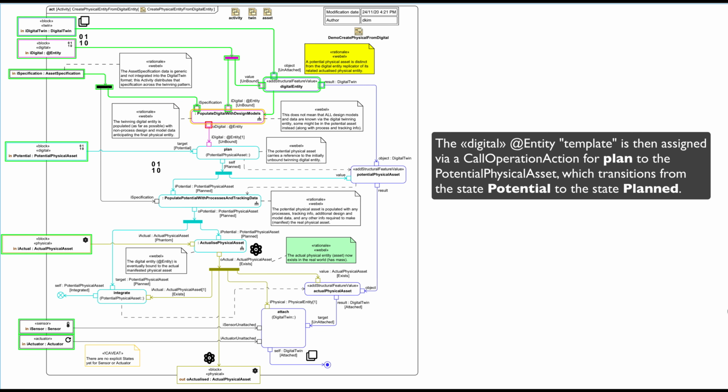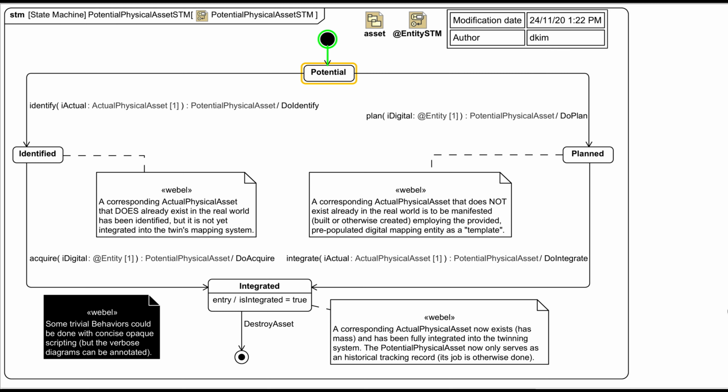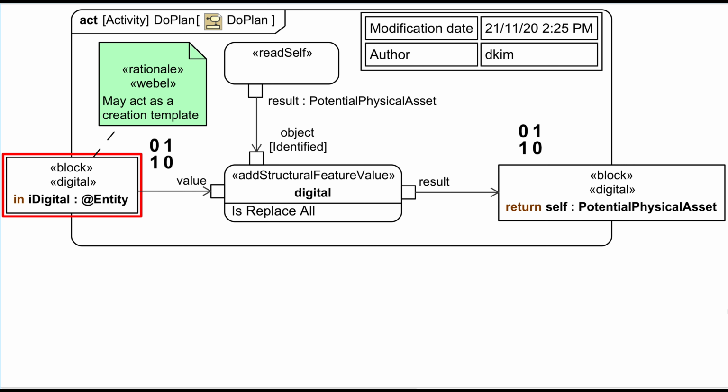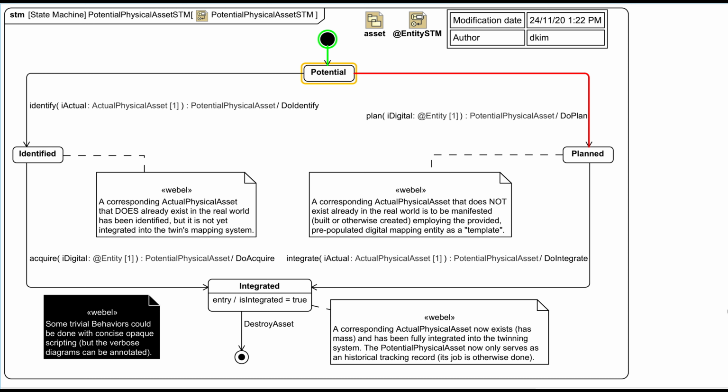The digital entity template is then assigned via a call operation action for plan to the potential physical asset, which transitions from state potential to the state planned. The doPlan effect activity currently just sets the property digital on the potential physical asset. And here we see the state of the potential physical asset transition from potential to planned.